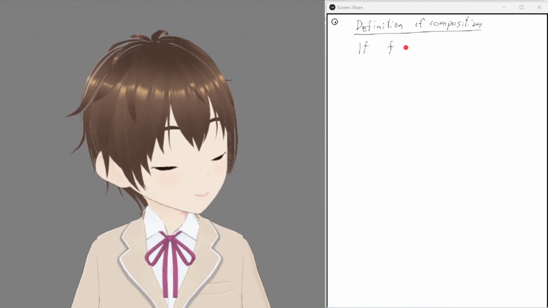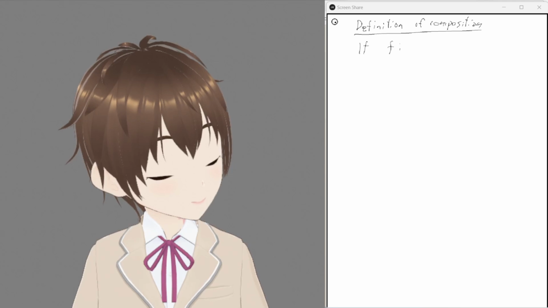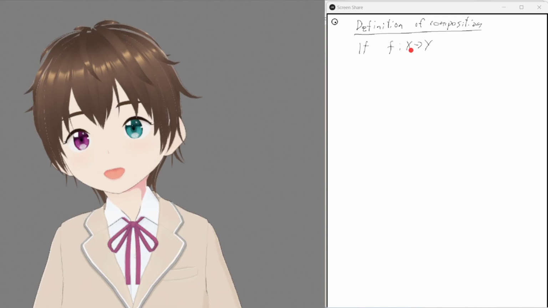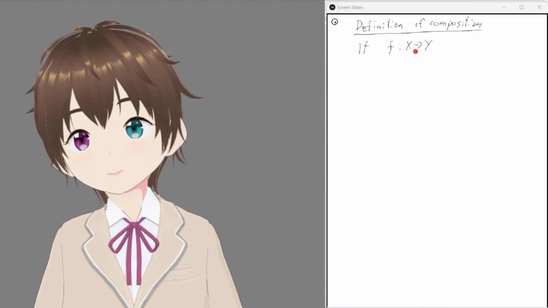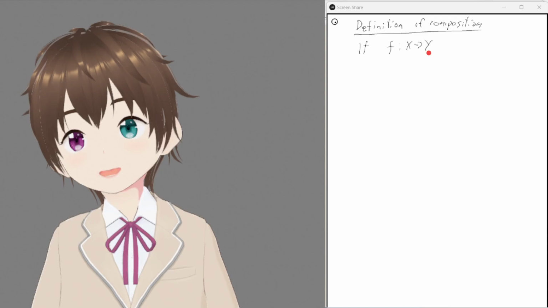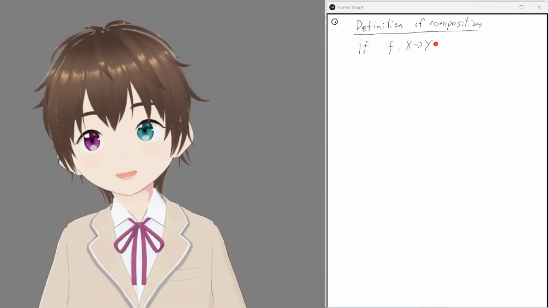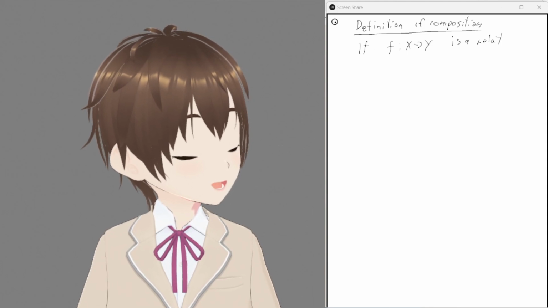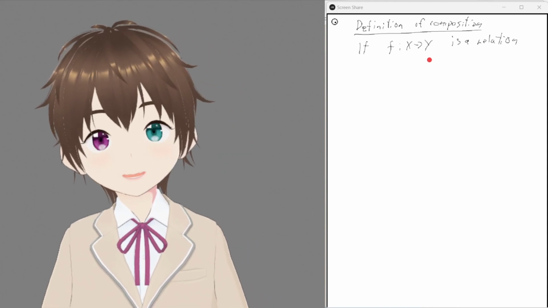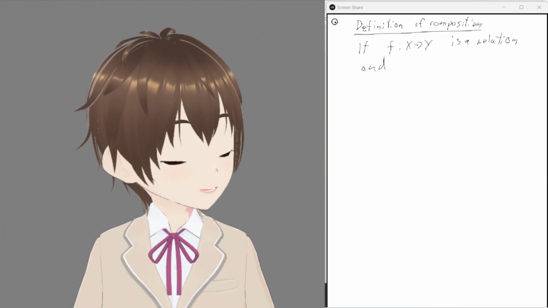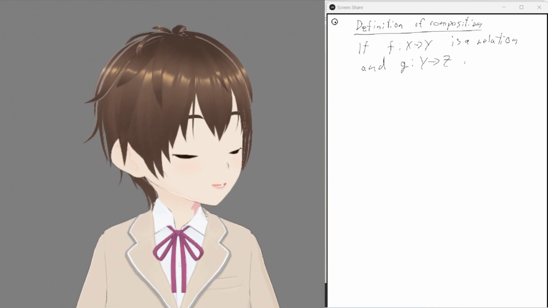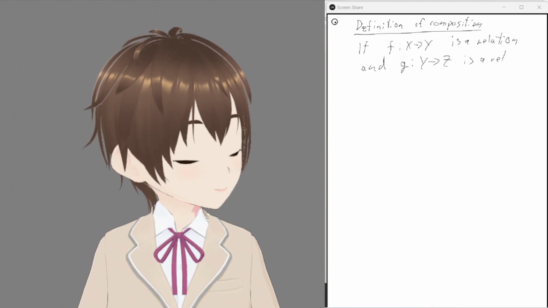So f from x to y means it's a relation with domain x and codomain y. This notation is usually used for functions. It can also be used for relations. And I have another relation g from y to z.